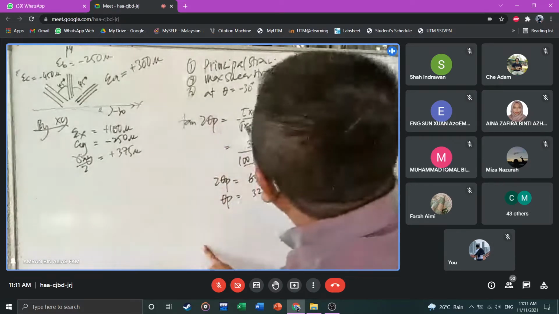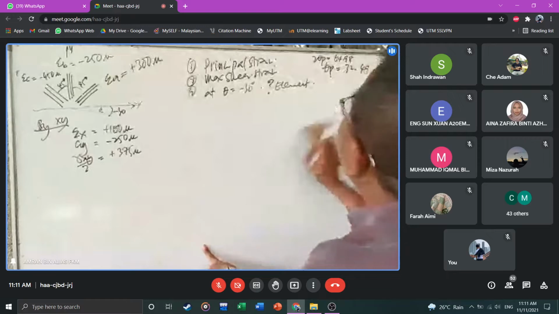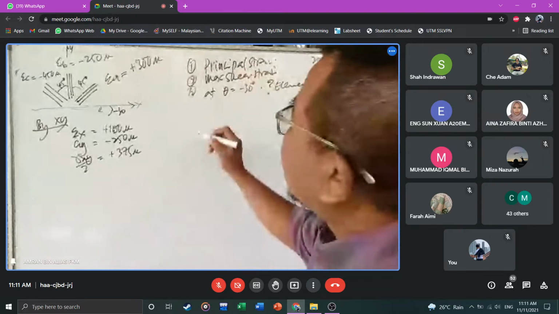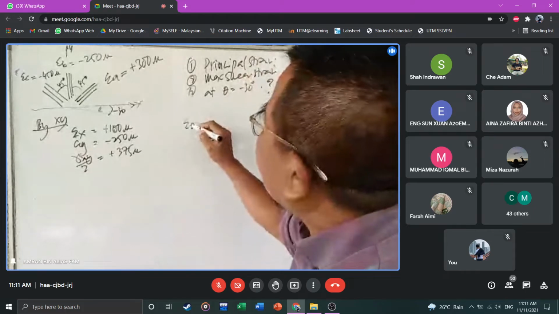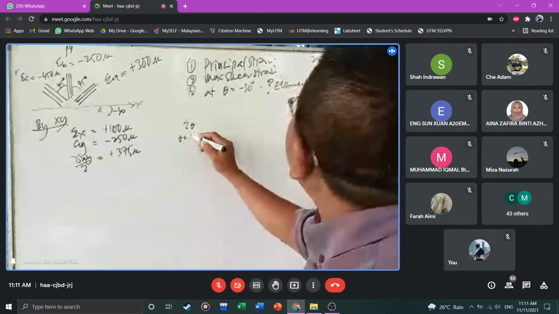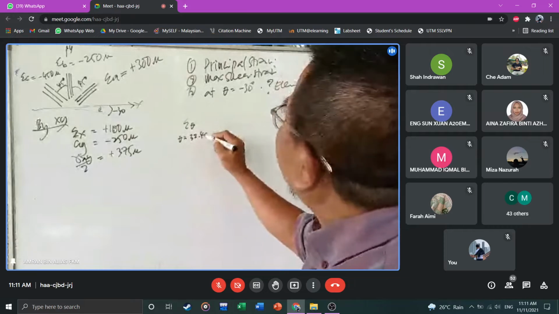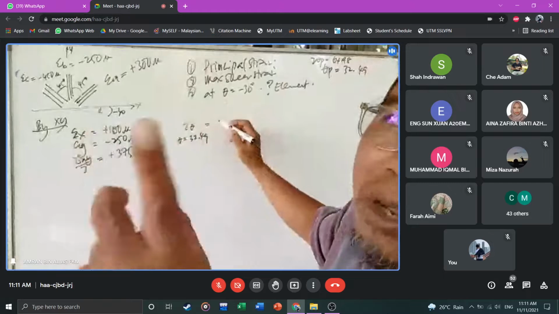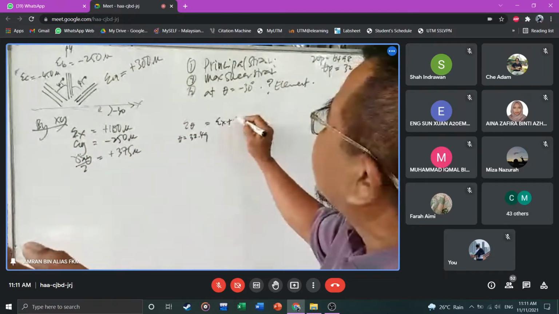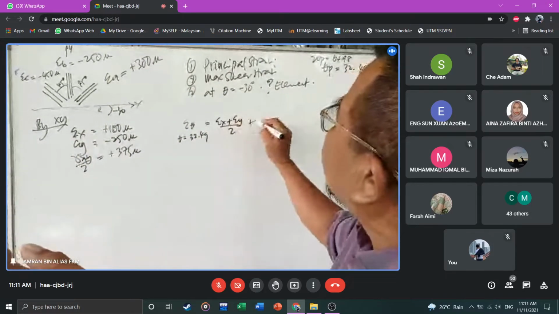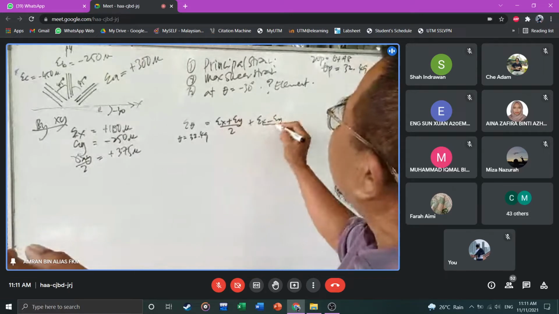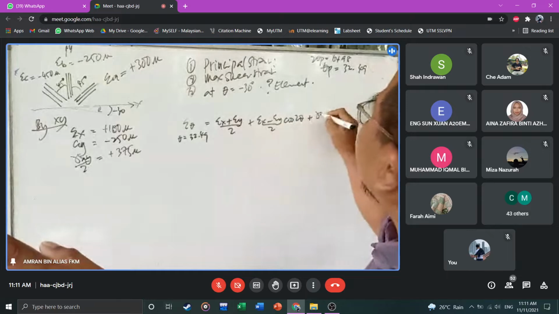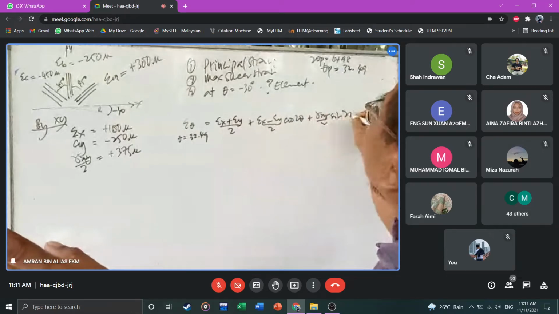And then use the angle to find the principal strain. So what is E theta at theta equal to 32.49? Just the first equation: EX plus EY over 2, plus EX minus EY over 2 cos 2 theta, plus gamma XY over 2 sine 2 theta.